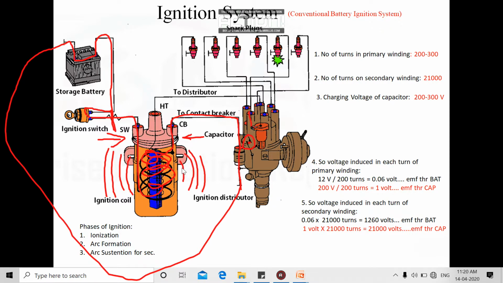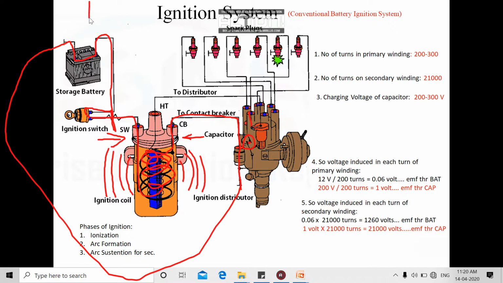But what happened? As this contact breaker opens, all the current starts to flow in the reverse direction, and this magnetic field starts to collapse. Due to that collapsing of the magnetic field, this capacitor gets charged, and now the capacitor is charged beyond the limit of this battery.